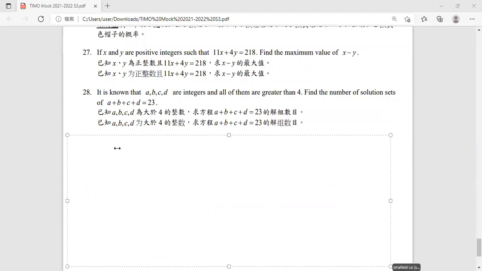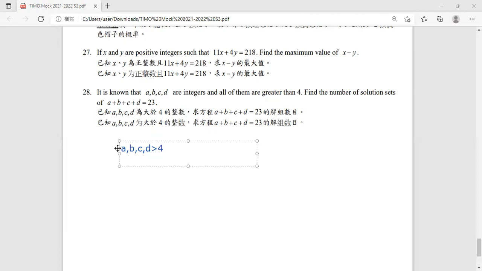So we now know that they are greater than 4. Now I use P, Q, R, S. I set P equal to A minus 4, Q equal to B minus 4, R equal to C minus 4, and S equal to D minus 4.